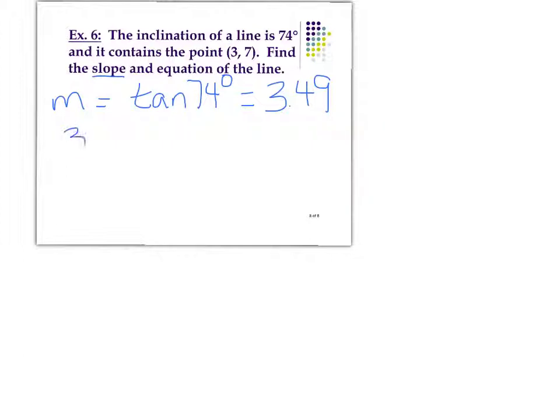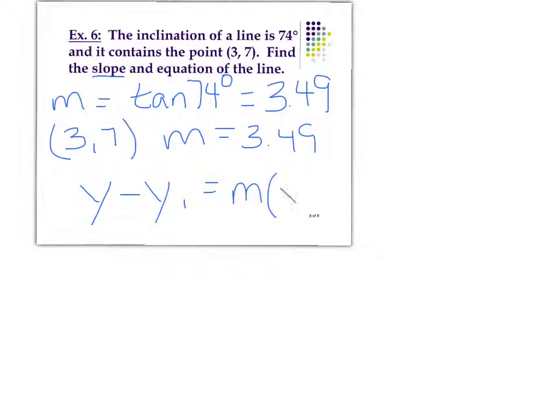So if we have the point 3, 7, and we have a slope of 3.49, you're just going to plug that into the point slope formula, which is y minus y1 is m times x minus x1.